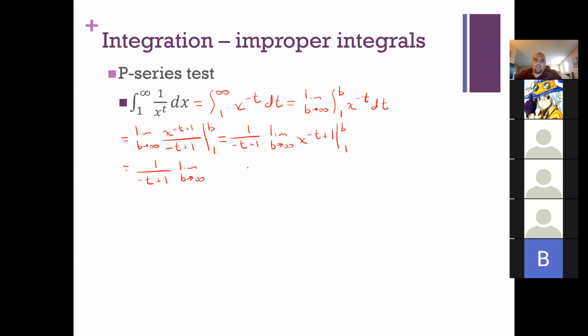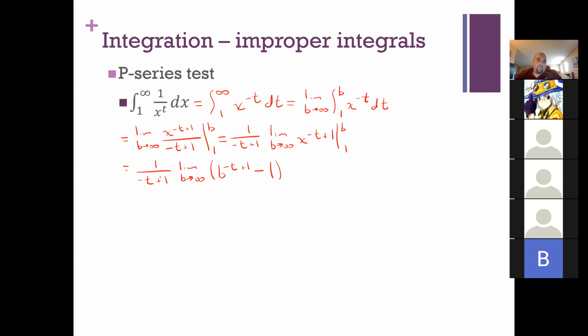Now let's actually plug in these limits. So b to the negative t plus 1 minus, if I plug in 1 to this, that's just going to be 1, right?